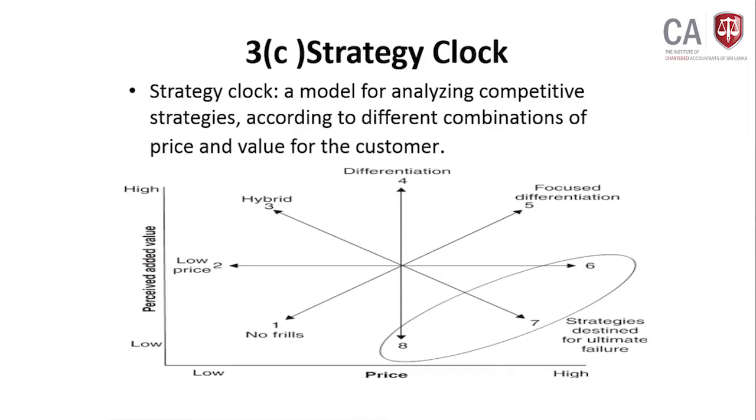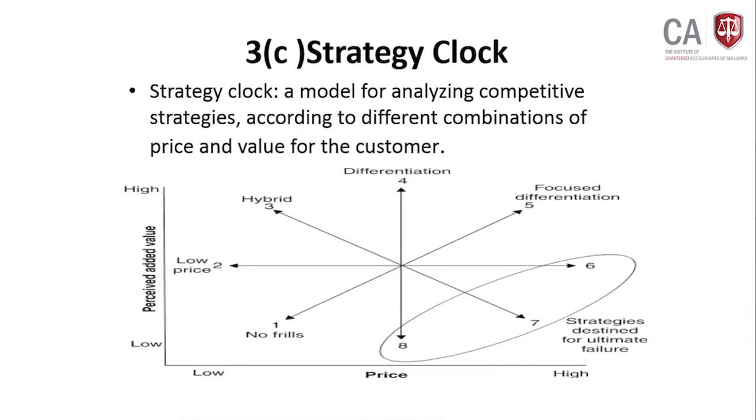Since we are going to cover this malted milk powder market segment, this may be a more appropriate strategy. Therefore, I recommend strategy number 5 for this organization. Alternatively, you can talk about the hybrid also, but it is not easy. Even differentiation, but here the more appropriate one is the focus differentiation.